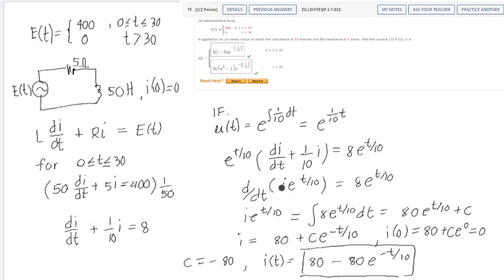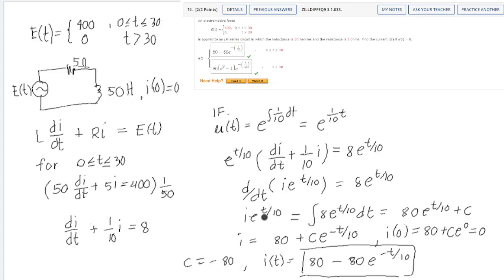You get dI/dt times e to the t over 10 plus e to the t over 10 times I times the derivative of t over 10 with respect to t, which is 1 over 10. So this can be rewritten as the derivative of I e to the t over 10 with respect to t is equal to 8 e to the t over 10.